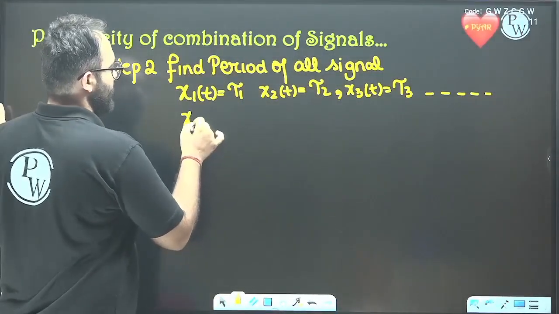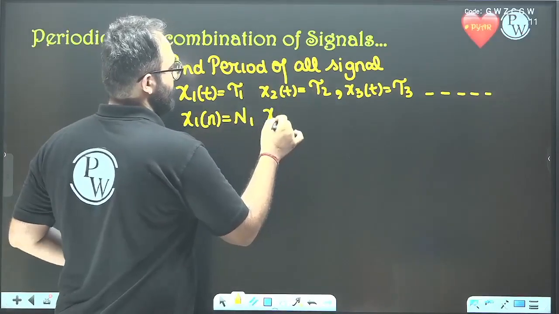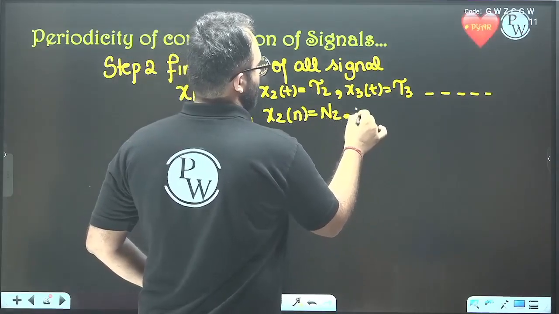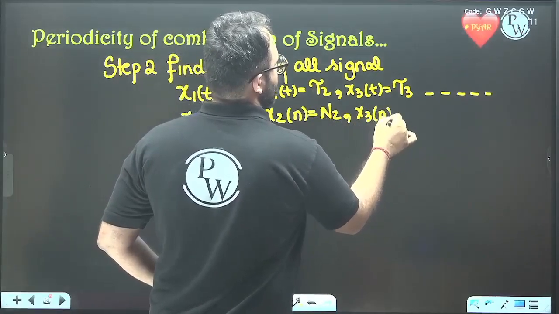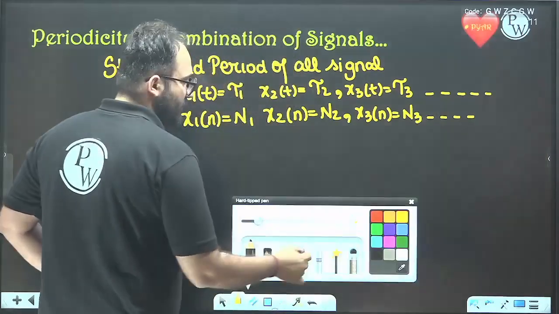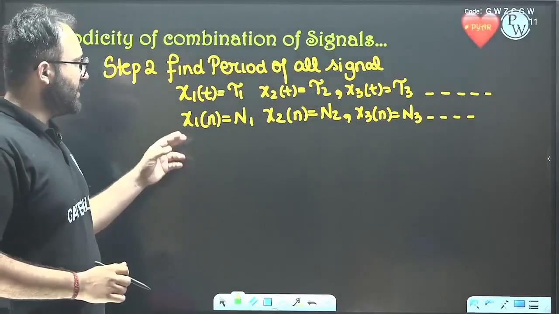Similarly, x1[n] has a period N1, x2[n] has a period N2, x3[n] has a period N3, and so on. Now you have to find out the ratios in this step. What are the ratios that you have to find out?